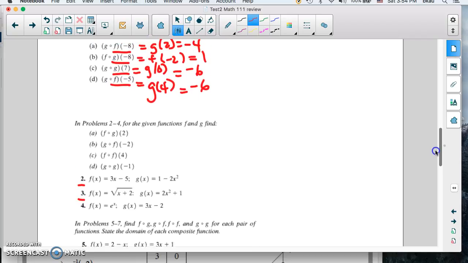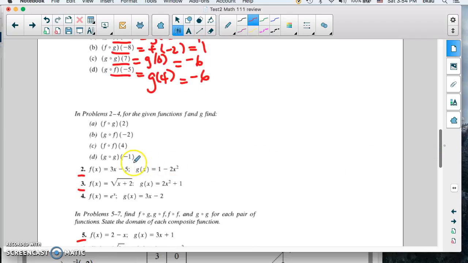Now, we do the same thing with functions. If we have a function, we plug in this part first, and then we take that answer and plug it into the next part. So for number 2a, we're going to do f of g of 2, so we're going to do g of 2 first. So we plug in 2 into g, so we're going to do 1 minus 2 times 2 squared, and that's going to be plugged into f.